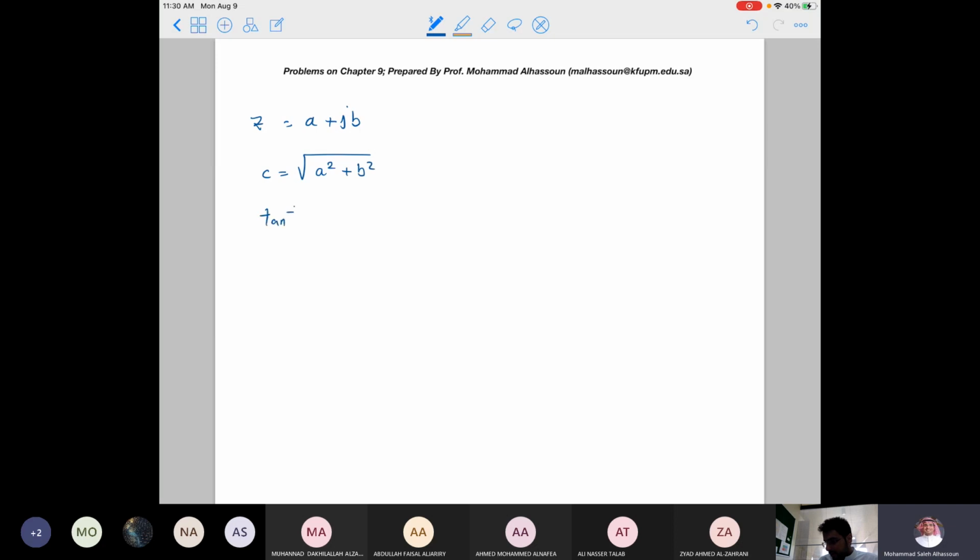And then you need the angle. The angle will be tan inverse of B over A. But your calculator can do that for you. Use your calculator. Do not do it by hand.